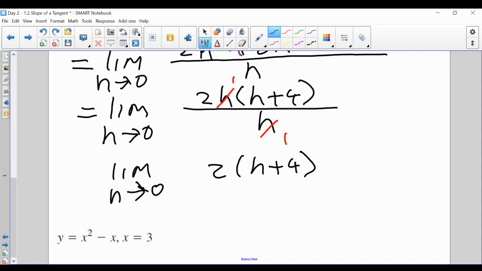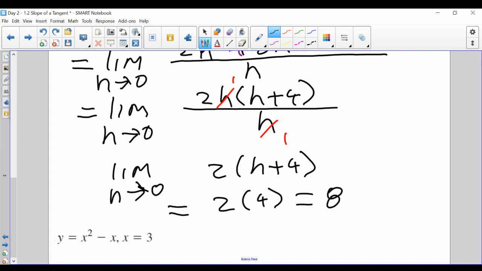So as h gets smaller and smaller and starts to disappear, really what we're left with is this thing here, 2 times 4, which of course is 8. That is in essence what the slope of the function is as h gets tinier and tinier, because that h approaching 0 means we're just going to consider it to be 0.